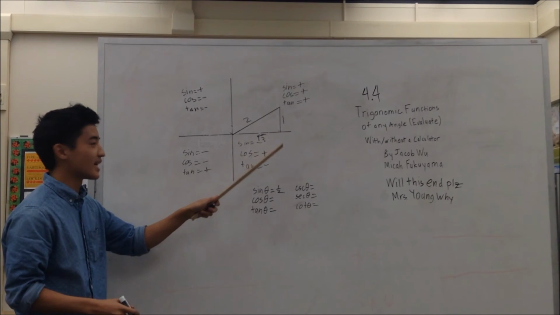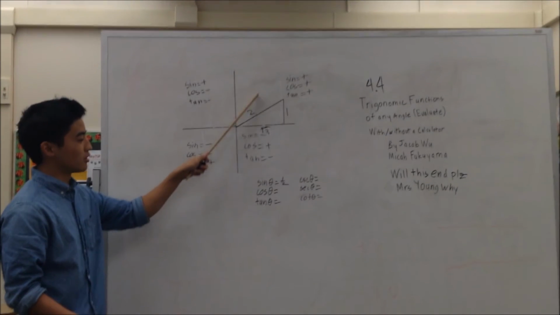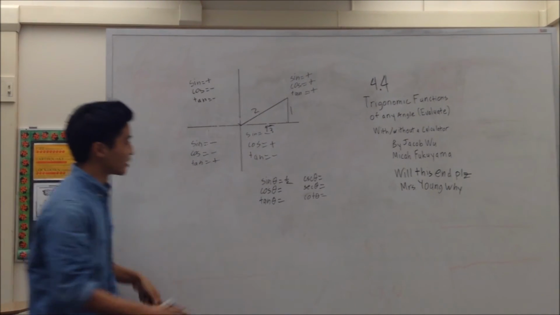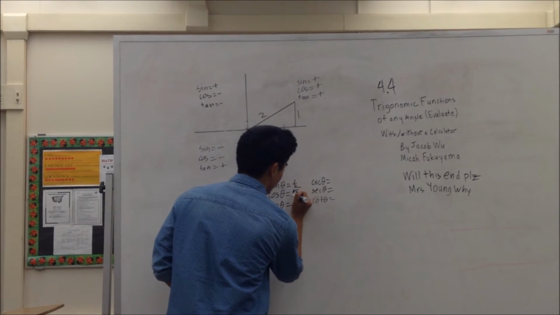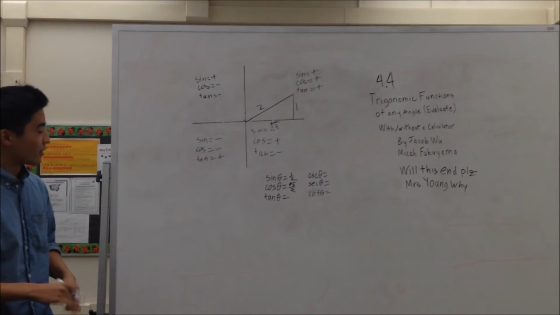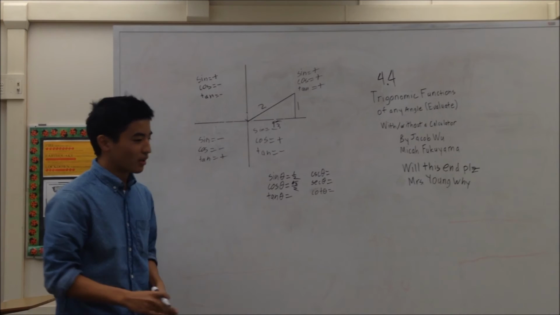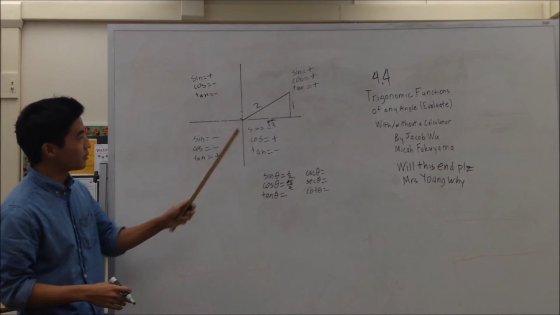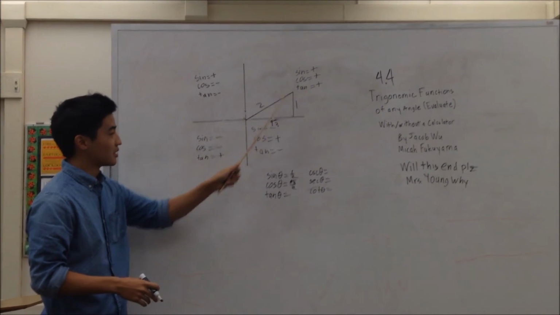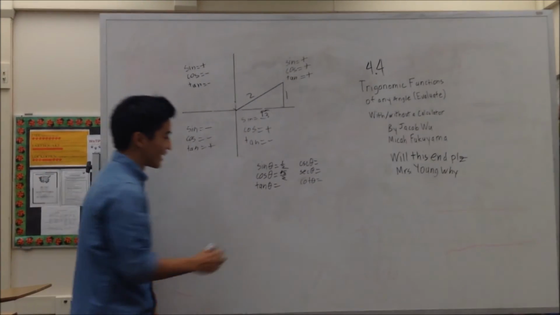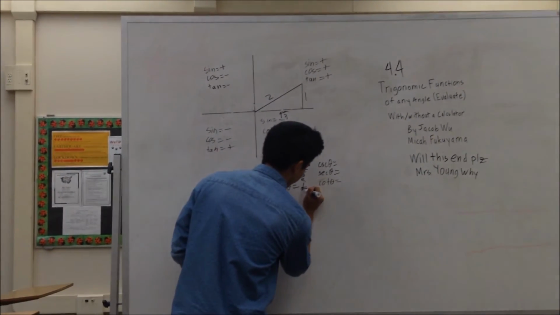So we take our adjacent side, which is radical 3 over 2. So cosine of theta is going to be radical 3 over 2. Now, for tangent, it's opposite over adjacent. So we take 1 opposite and radical 3 adjacent, and that's 1 over radical 3.